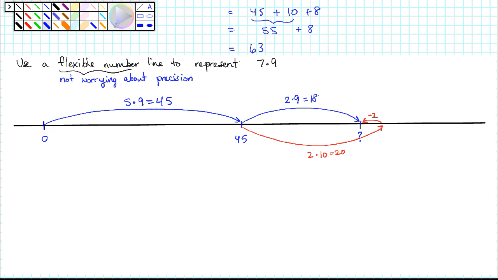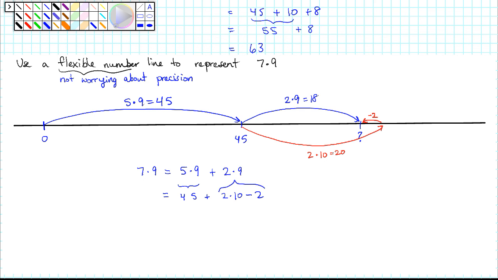So this gives me 7 times 9 is, well, I do 5 groups of 9 first, and then I add 2 groups of 9, but this 2 groups of 9 I'm going to represent as 2 groups of 10 minus 2, or 10 groups of 2 minus 1 group of 2.